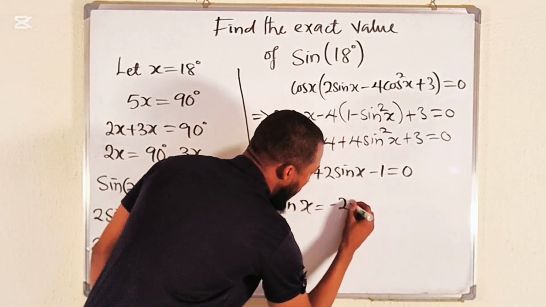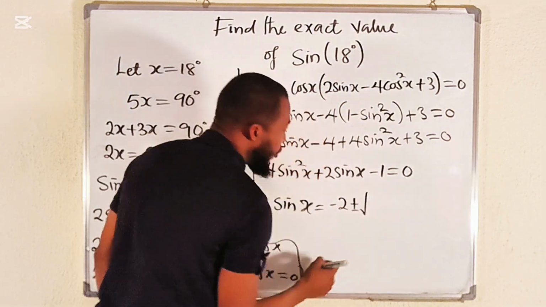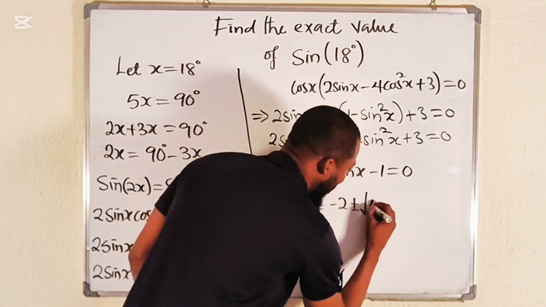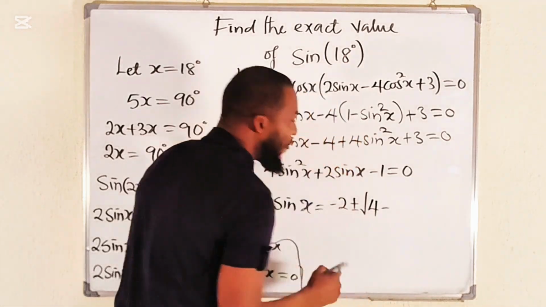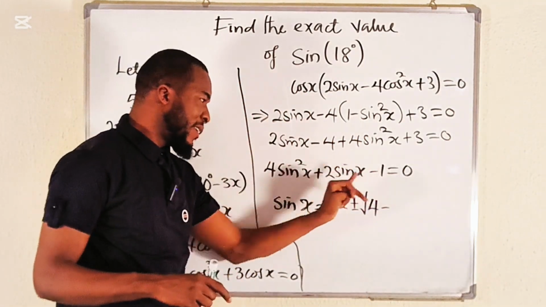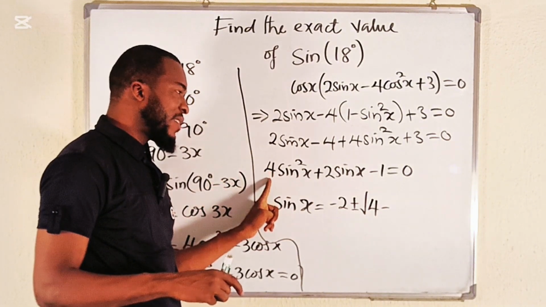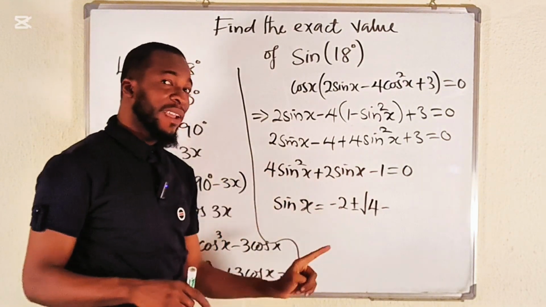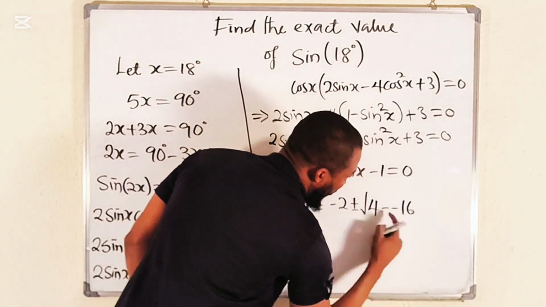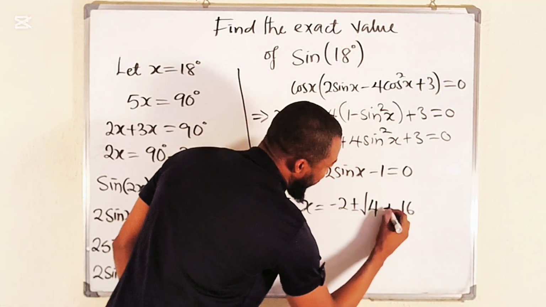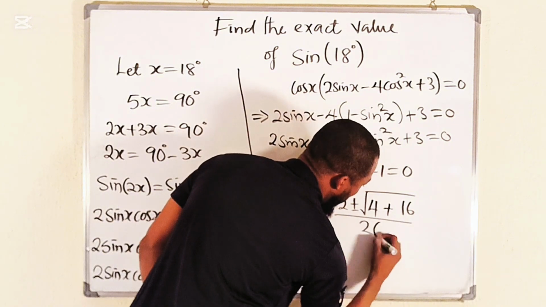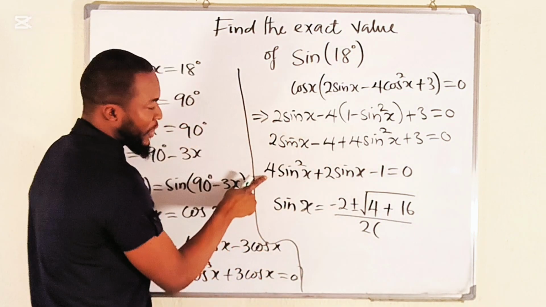Minus 2 plus or minus the square root of b squared. b is 2, squared is 4, minus 4ac. 4 times 4 is 16. 16 times negative 1 is negative 16. So we have negative 16 here. But minus negative is positive. Divide by 2 multiplied by a, but a is 4.